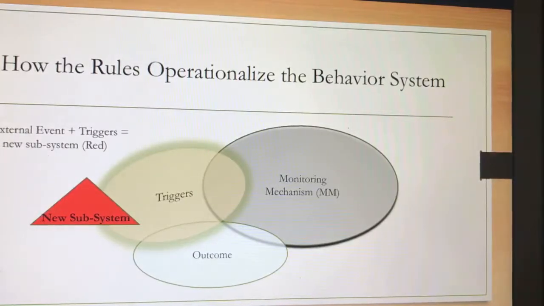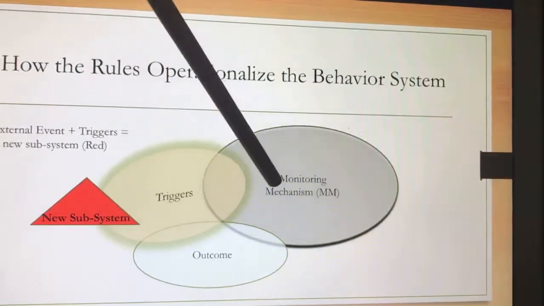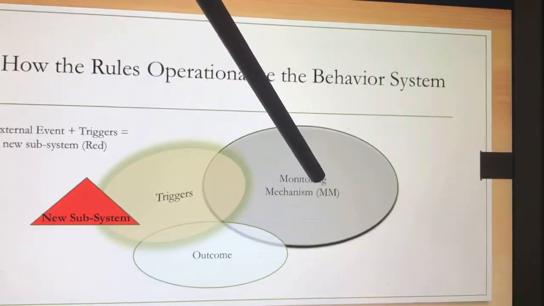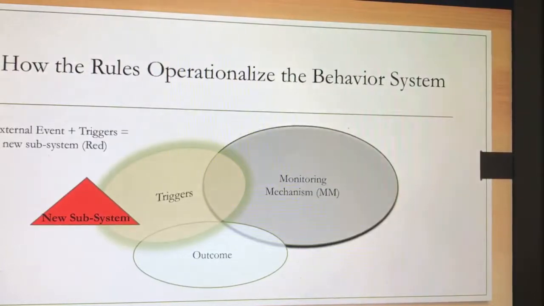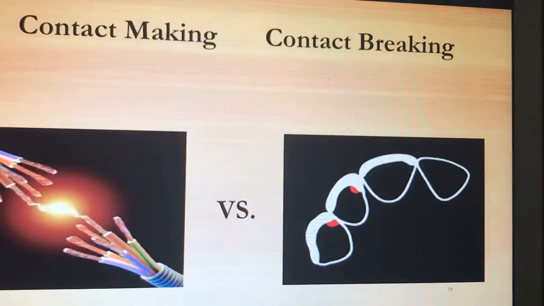The transaction model can be described as a behavior system with two order parameters. We have triggers and we have the monitoring mechanism. And both constrain and compress the degrees of freedom. The model's organizing meta-framework creates and annihilates patterns simultaneously and according to the behavior requirement of the system.